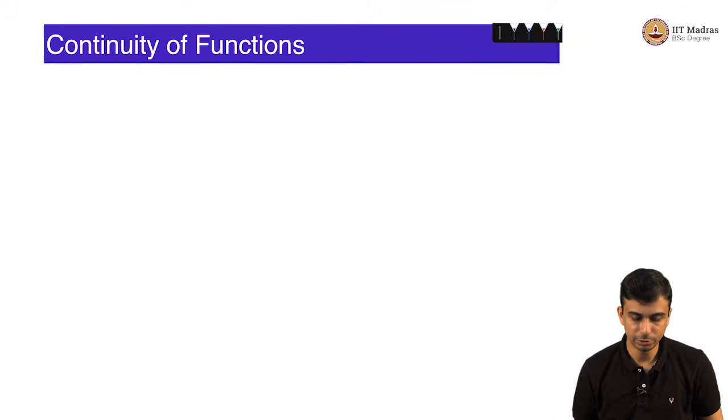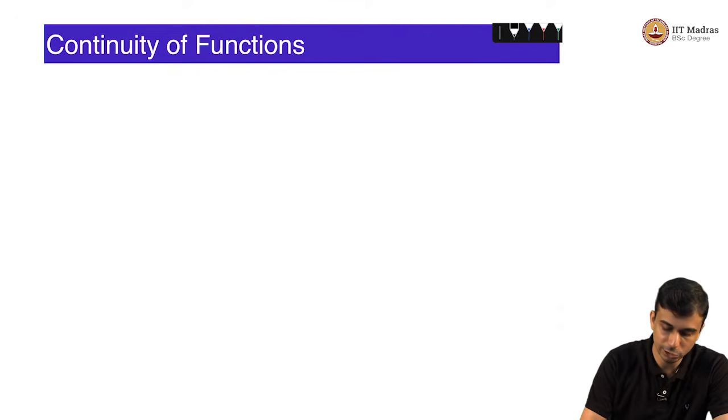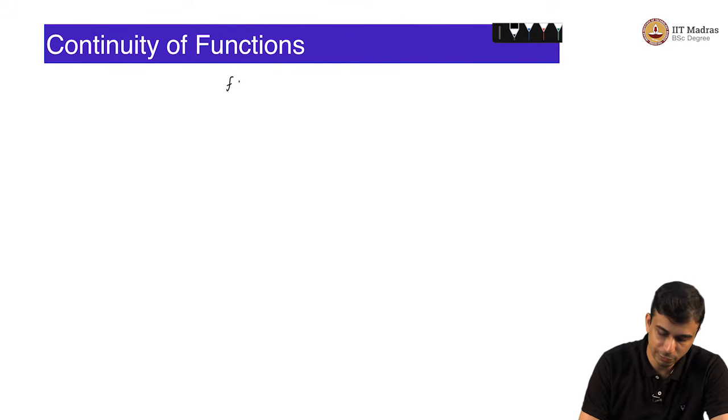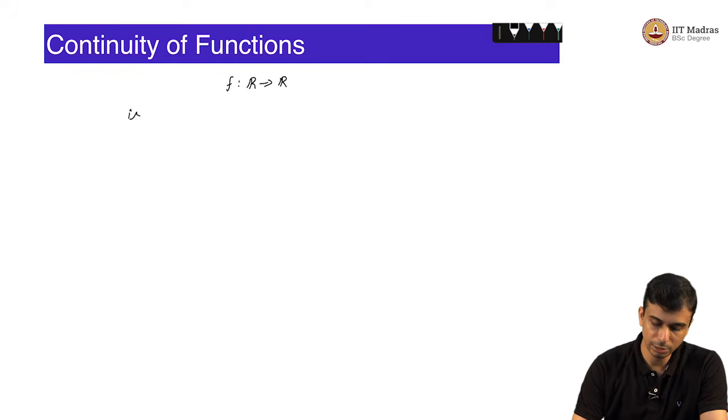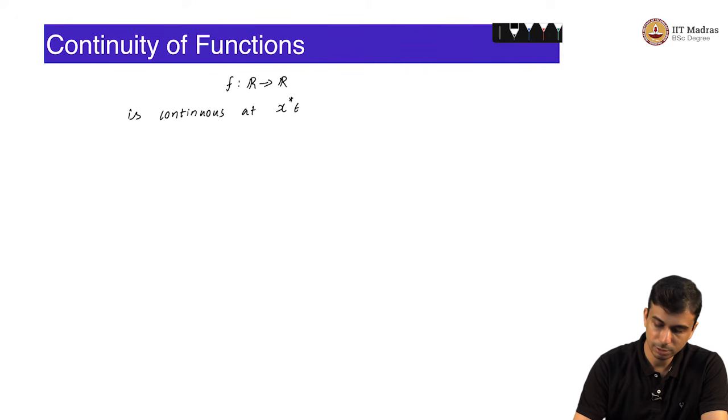Now this entire chapter we are going to have functions, real valued one dimensional functions. f is from R to R. When can we say f from R to R is continuous at a point x star in R?